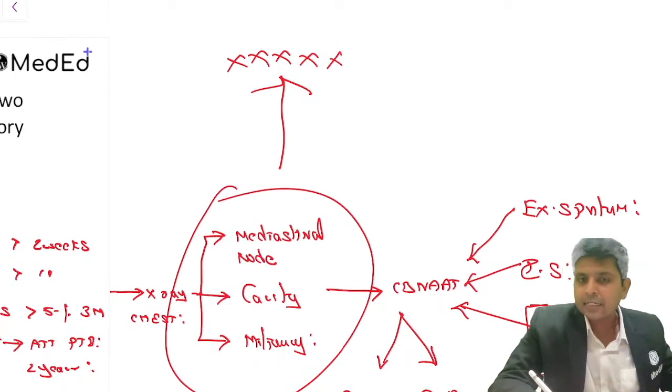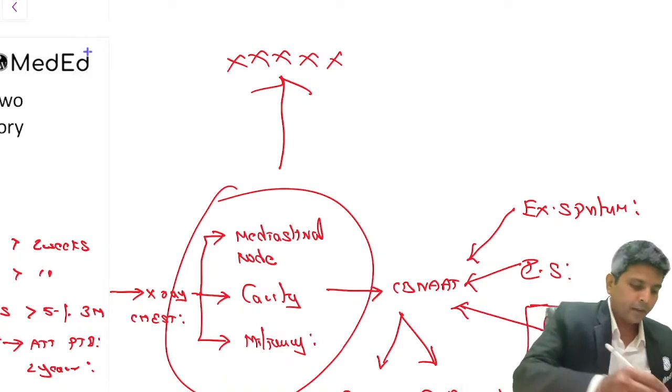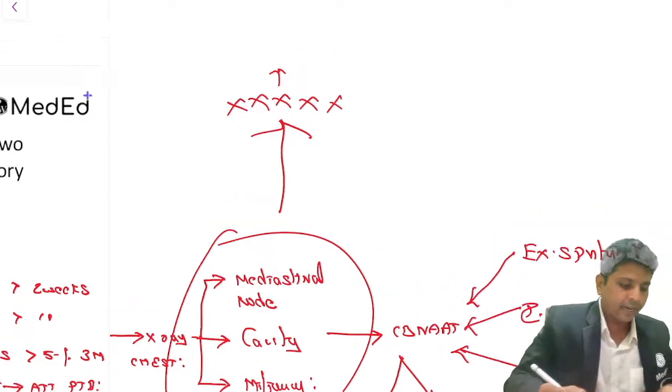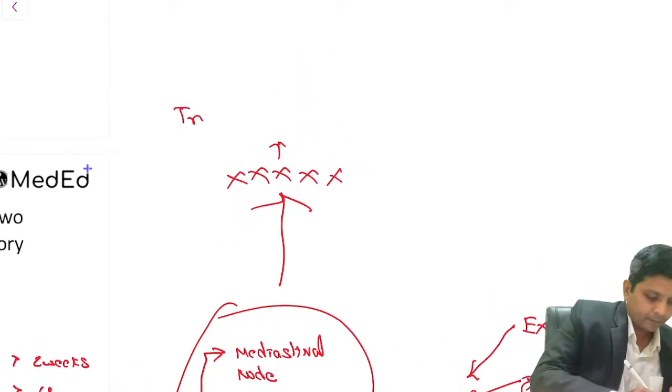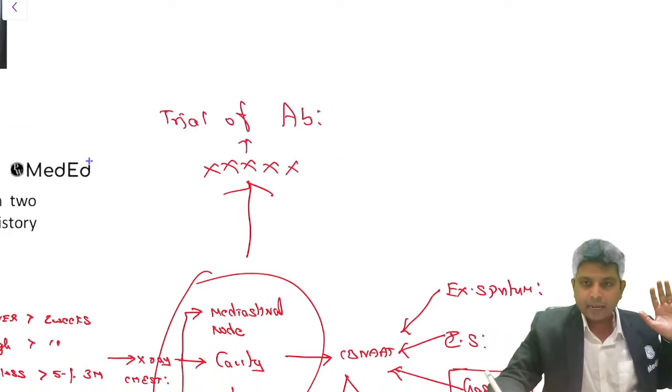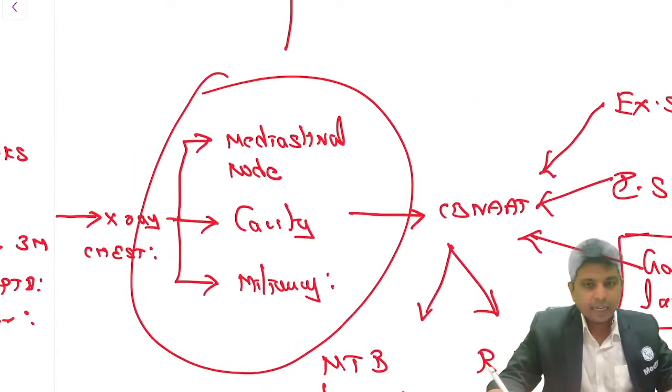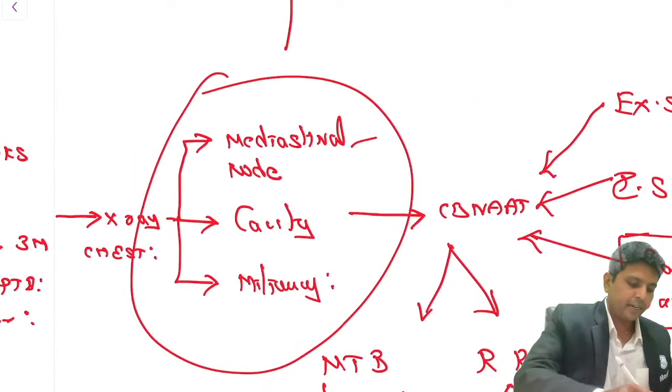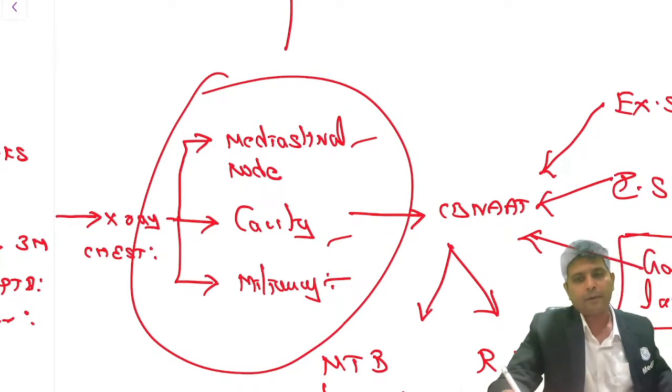The X-ray is not suggestive of cavity. When the X-ray is not suggestive of miliary pattern, then you need to give a trial of antibiotics. Trial of antibiotics, because these are all the TB specific X-rays: mediastinal adenopathy, cavity and miliary pattern.